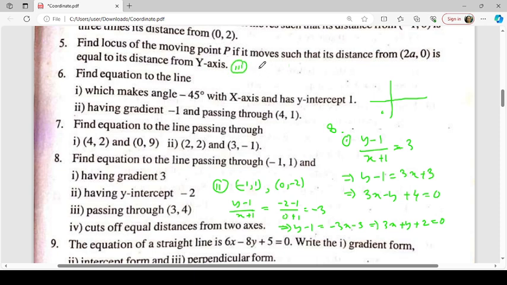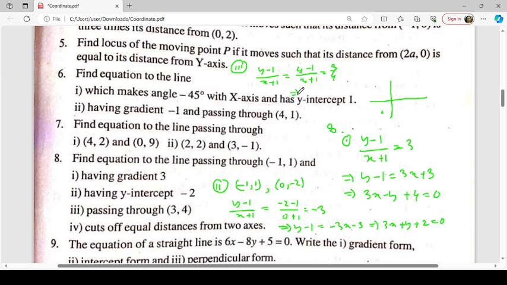So (y minus 1) by (x minus minus 1) is equal to, the next point is (3, 4), so it is (4 minus 1) by (3 minus minus 1). So 4 minus 1 is 3, 3 by 4. So this is the gradient actually, so gradient is 3 by 4.